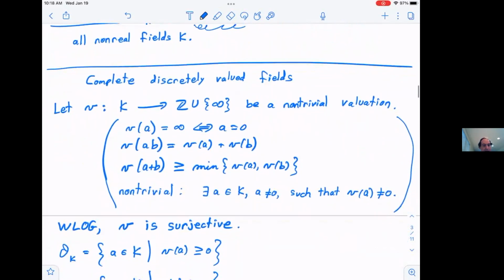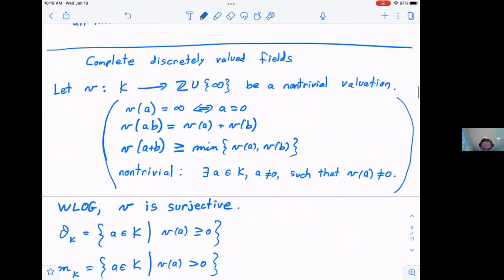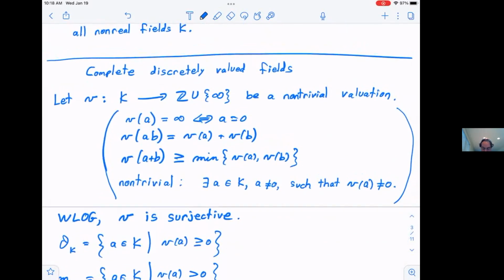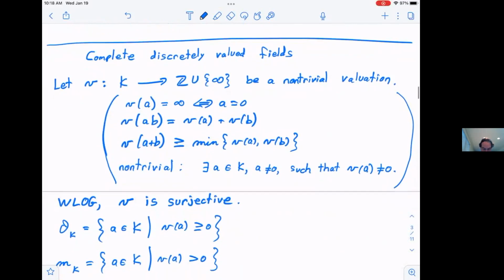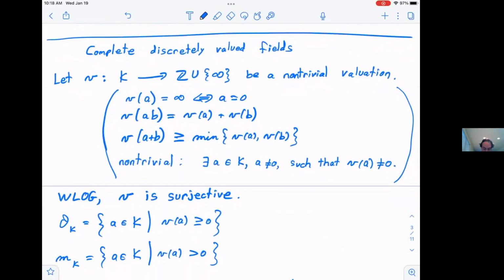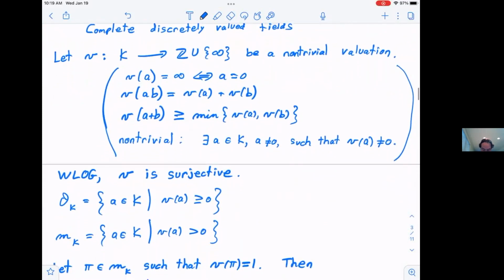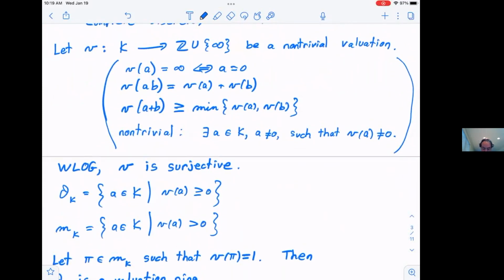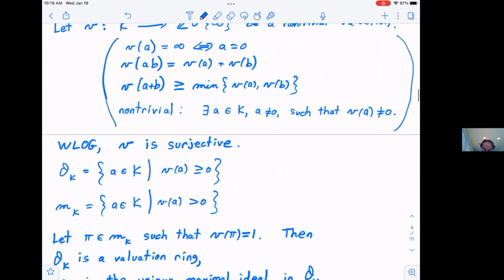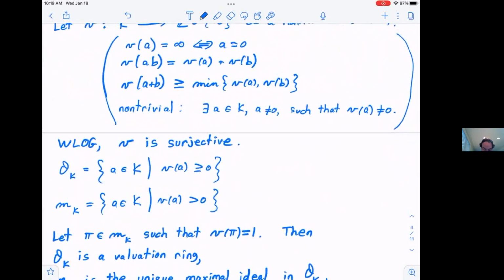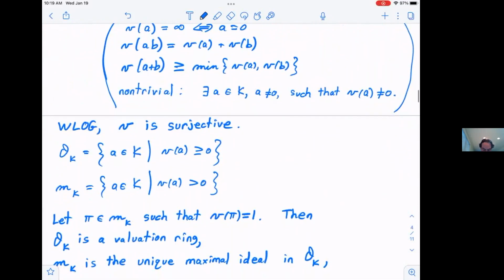All right, so there's certain objects associated with such a valuation. We have O sub K, which is the ring of integers. It's those elements that have non-negative valuation. We have this maximal ideal M sub K, which would be those elements whose valuation is positive. And there's going to be an element we're calling pi, such that V of pi is 1. Then it's straightforward to show that O sub K is a valuation ring.